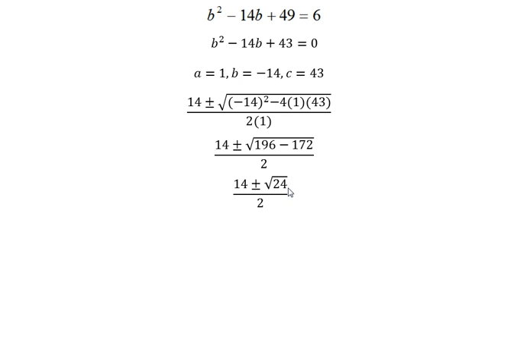I'm going to round that to the nearest tenth because it's not a perfect square, and we get approximately 4.9. So we have 14 minus 4.9, and then we have 14 plus 4.9. That's where this plus or minus breaks off into two answers, because technically there are two square roots of 24, negative 4.9 and positive 4.9. So that's where our two answers come from.